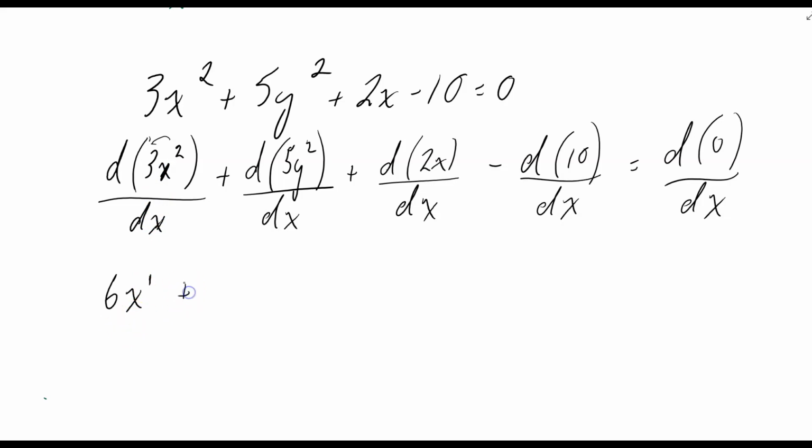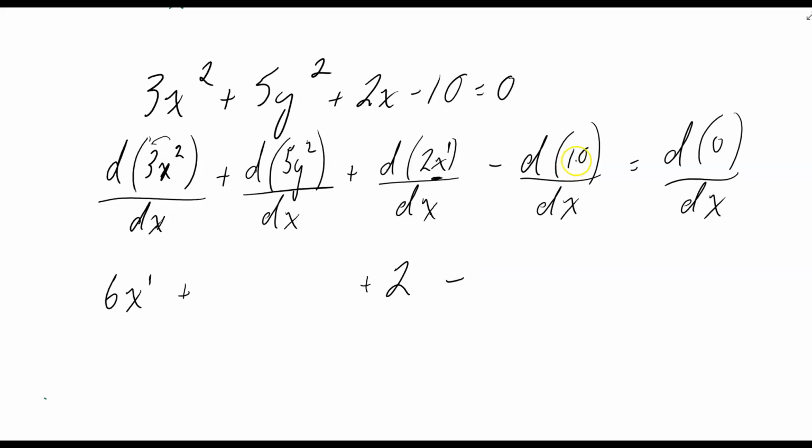Now I'm going to skip over this next one for just a moment, and we'll do this next one that's also in terms of x. What's the derivative of this? We have an exponent 1, it's multiplied by 2, and then now it becomes x to the 0, and x to the 0 is just a 1. That's in terms of x, so we do not need to do anything else.